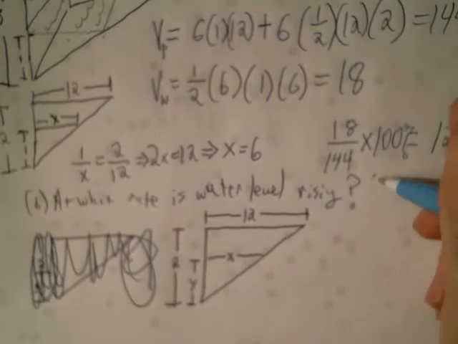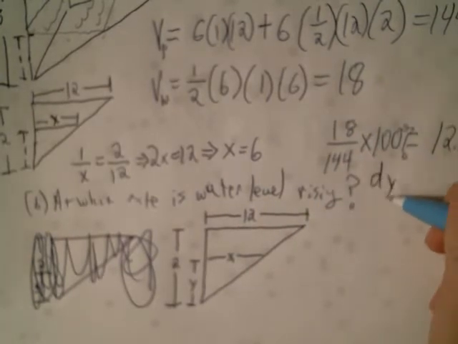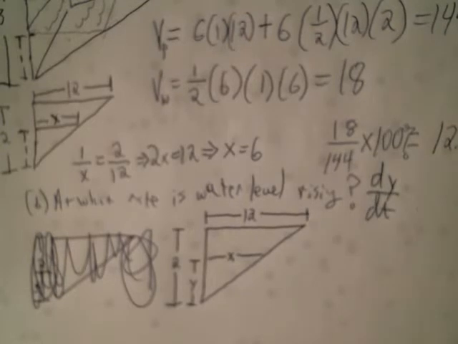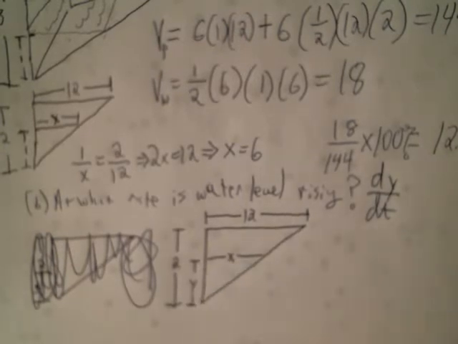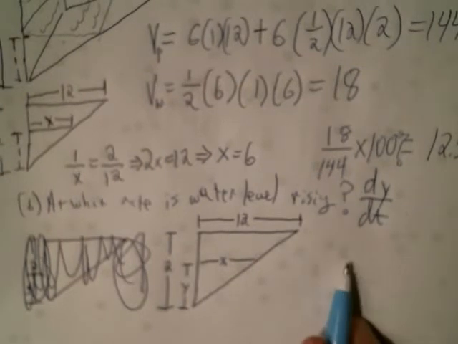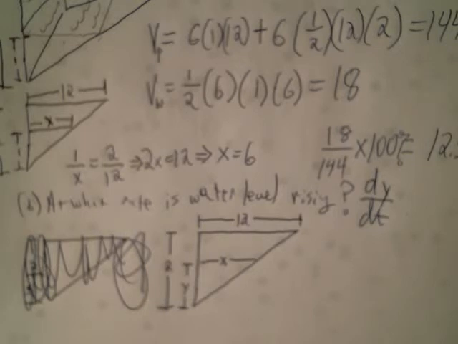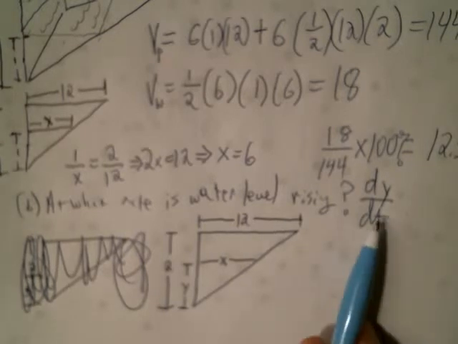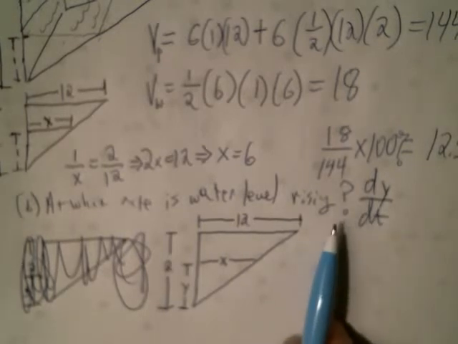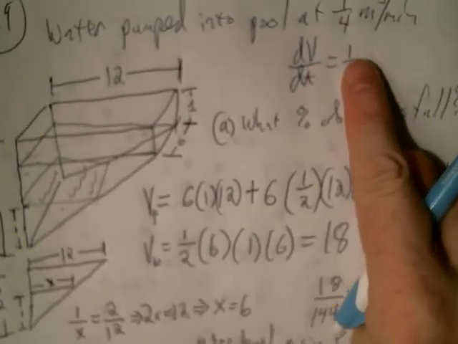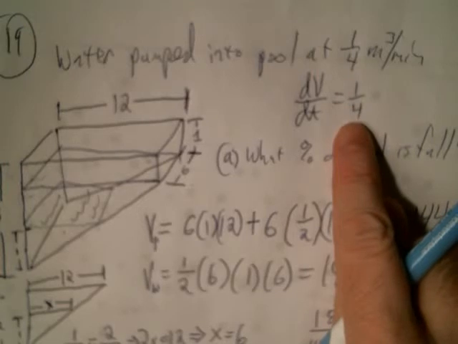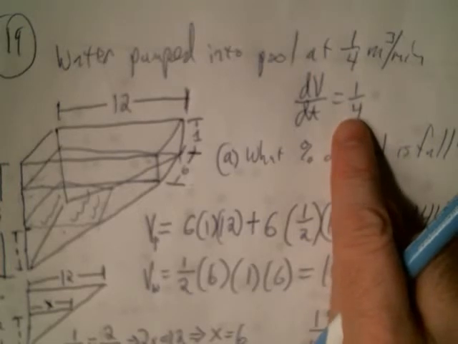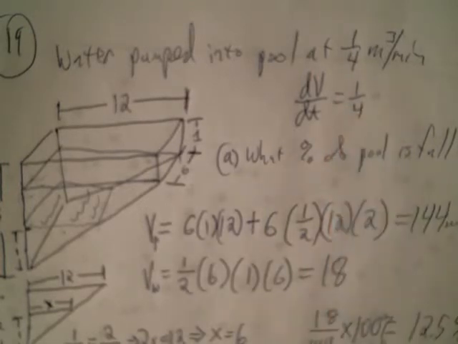Okay. I want to know the rate of change of y with respect to time, right? So I want to know the rate of change of this water level with respect to time. So I need a formula that relates everything. I'm given this volume rate of change, so they're pumping water in, and the volume is changing at 1/4 meter cubed per minute.